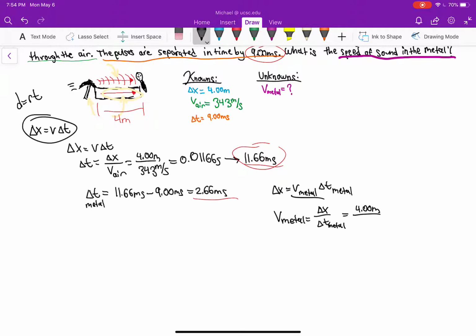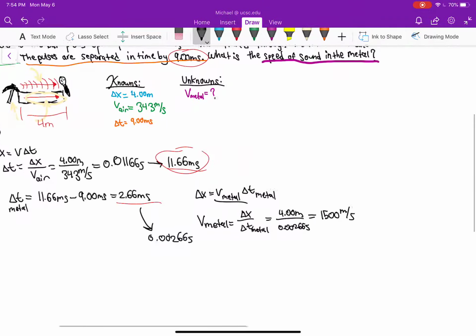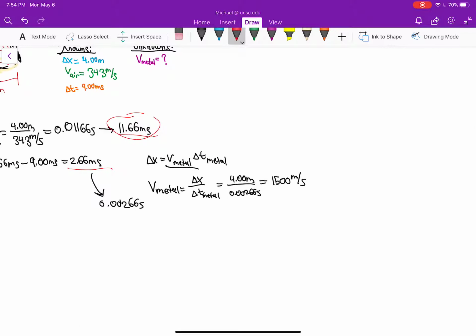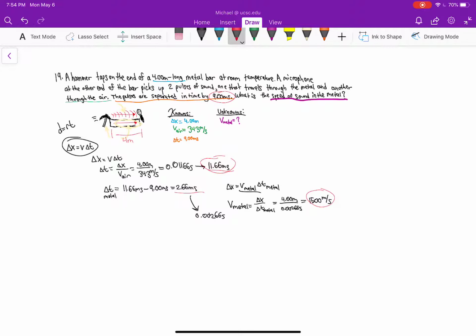I'm going to turn it back into seconds for the sake of time always being in seconds, so that's going to be 0.00266 seconds. And that's going to give us about 1,500 meters per second. And this is the speed of the sound through the metal, which is a lot higher than it was through the air.